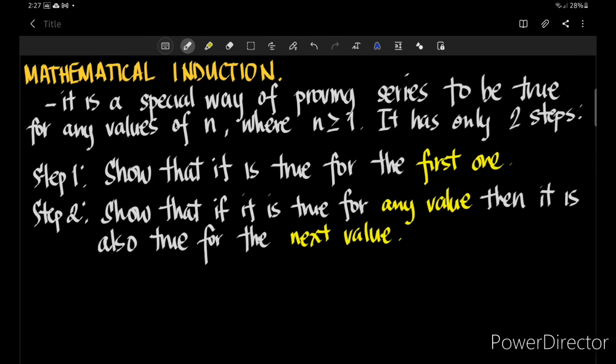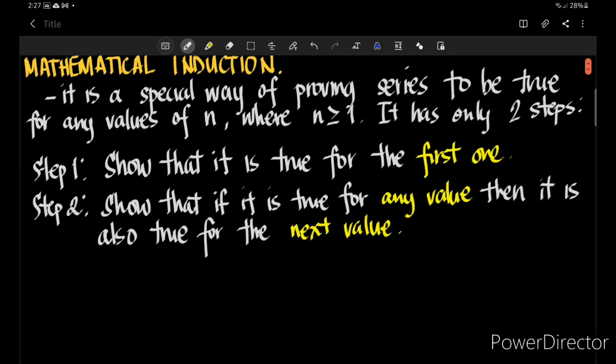Okay? So, ngayon ipapakita natin kung paano gumagana itong strategy na to to prove na yung mga series na mayroon tayo or yung general formula para sa mga series ay gumagana sa lahat ng values ng n.